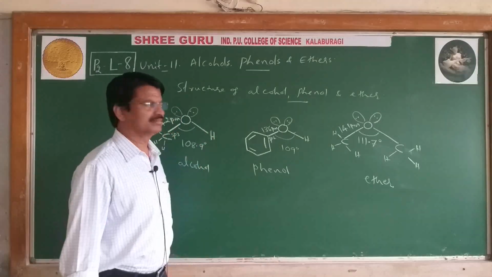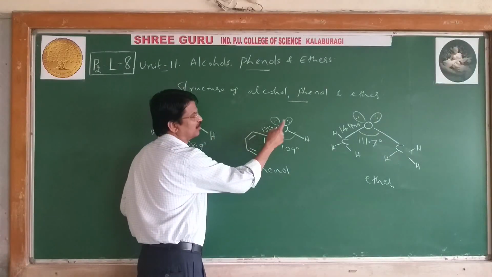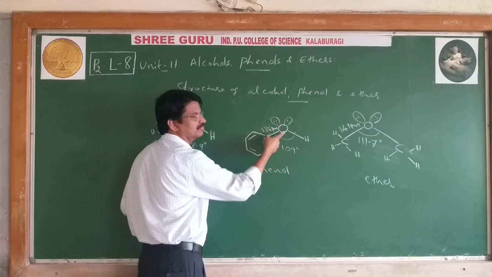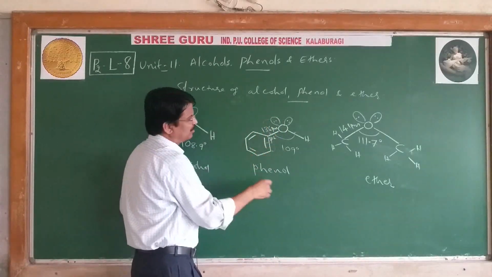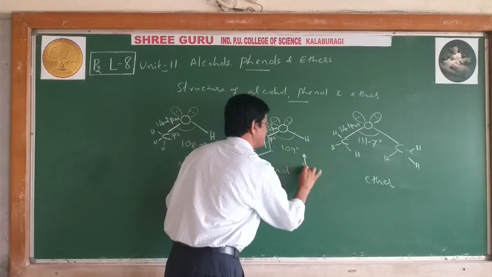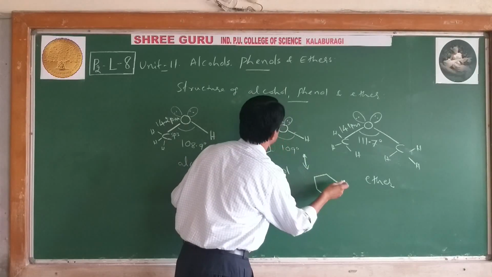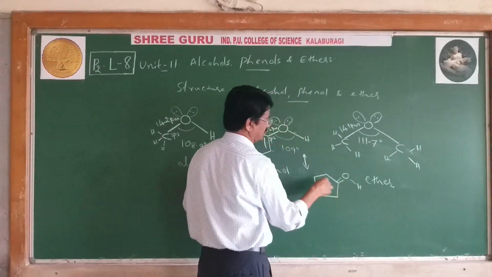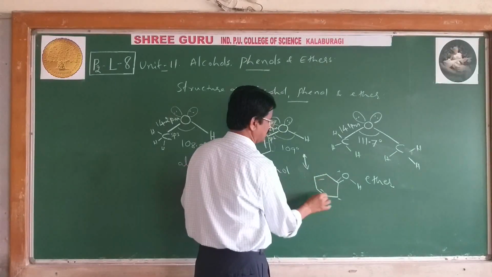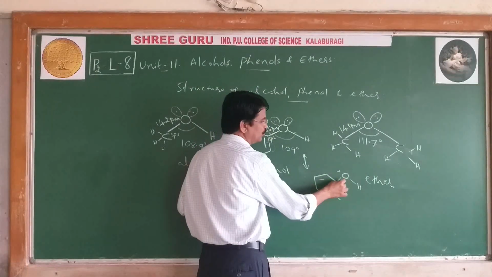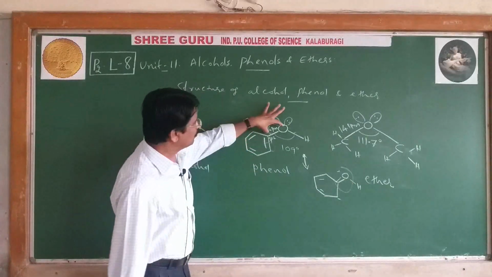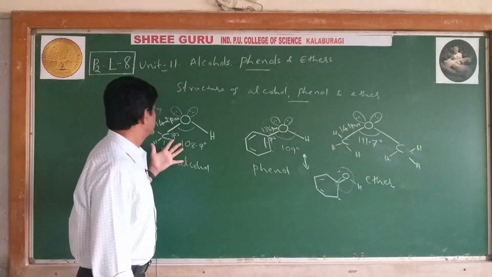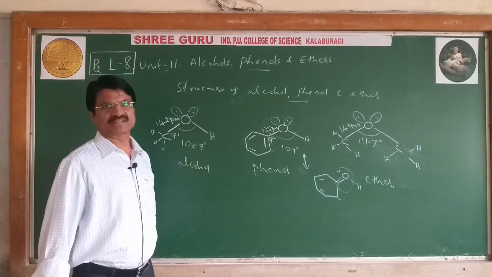But in case of phenol, the electron pair on oxygen undergoes delocalization, and because of delocalization we can write the C-O bond in phenols as having partial double bond character, but in ether and alcohol there is no partial double bond character.